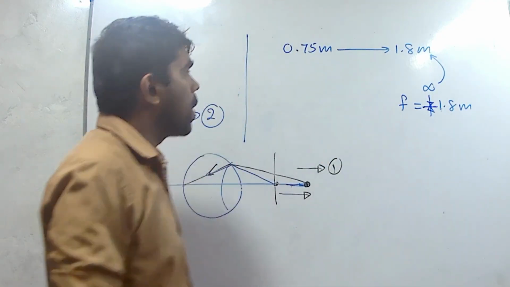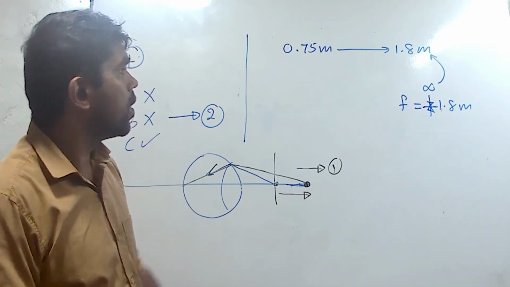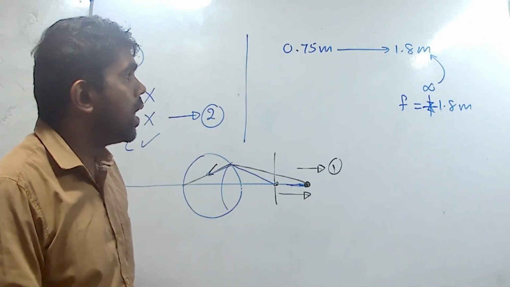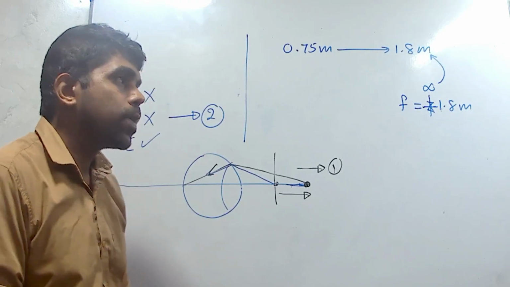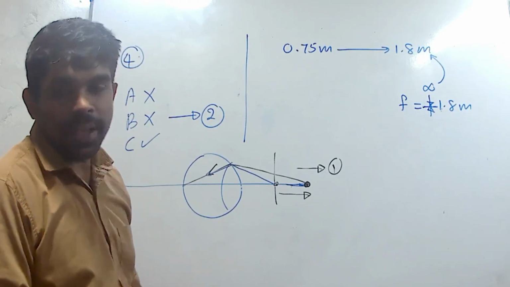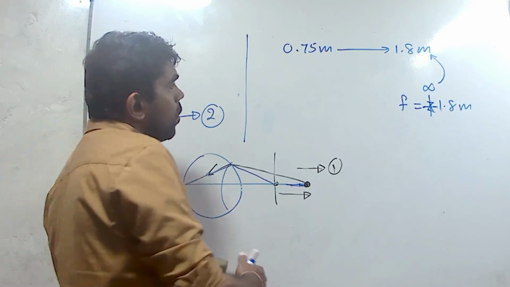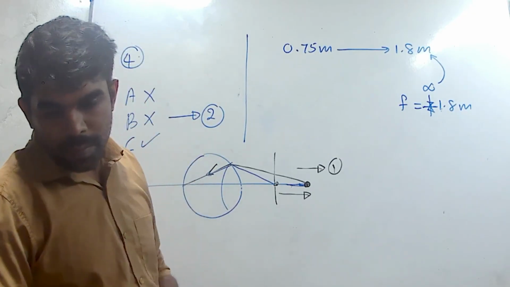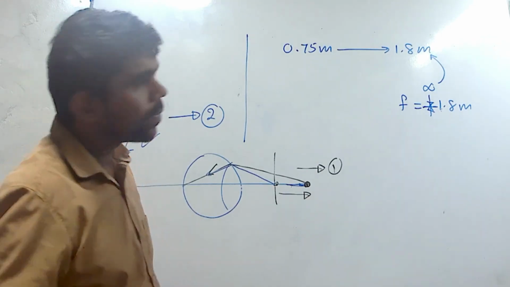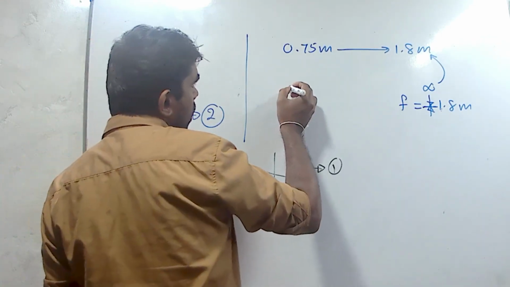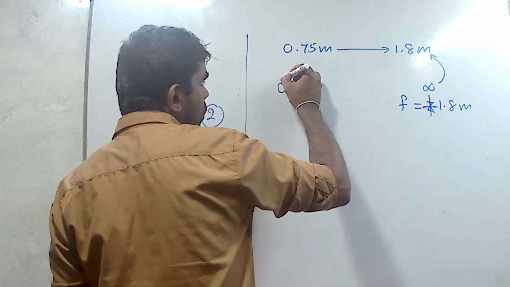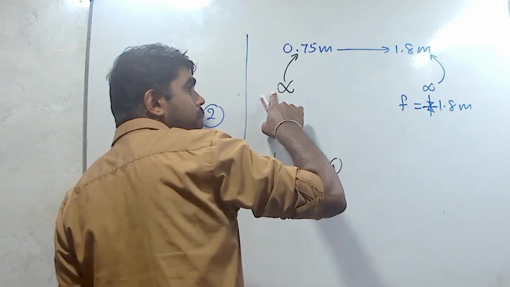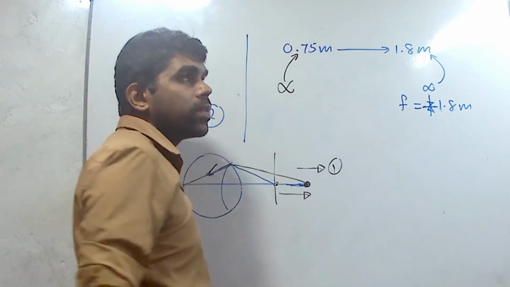But when we see 0.75 meters, it is the smallest distance he can see. Therefore, we can use a lens to bring an object at infinity to this place.